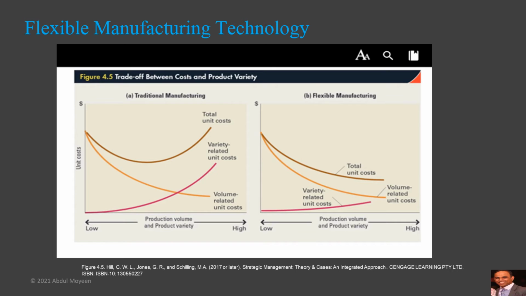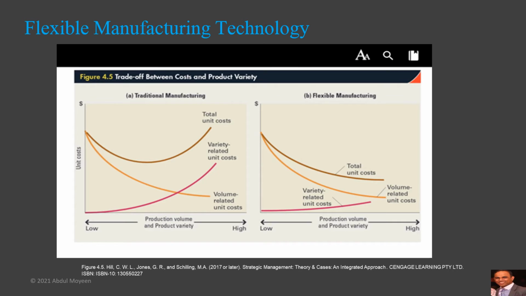That is, up to a certain point the cost goes down, which means they achieve economies of scale. But after that point, the cost starts rising, which means they are experiencing diseconomies of scale. This doesn't happen in the case of flexible manufacturing technology. That means the company's cost curve is going down all the way.